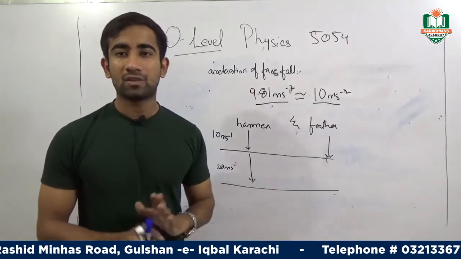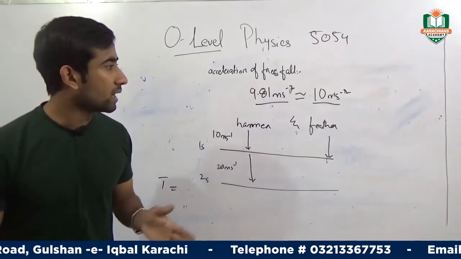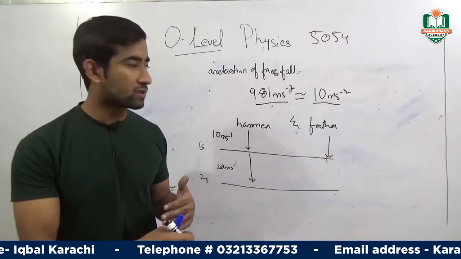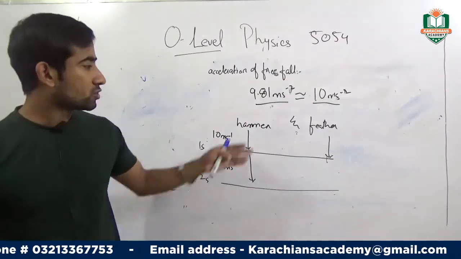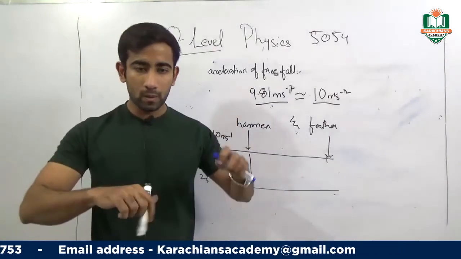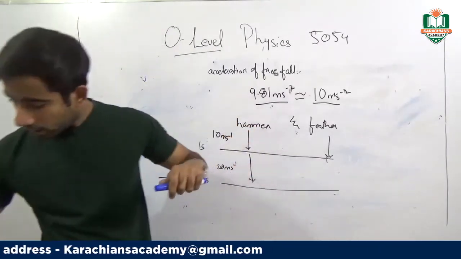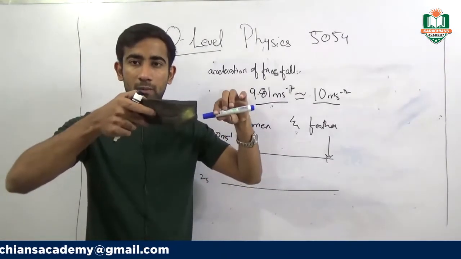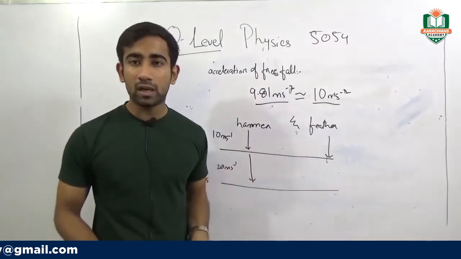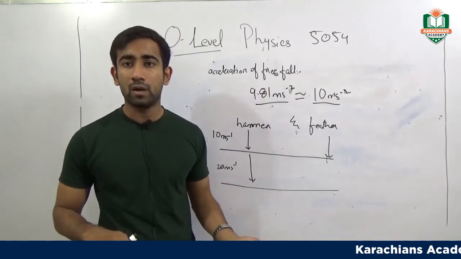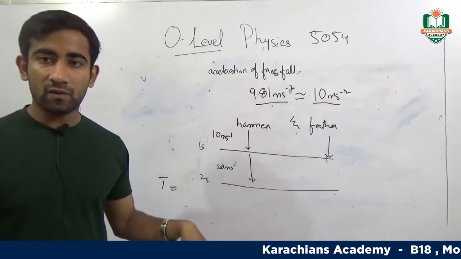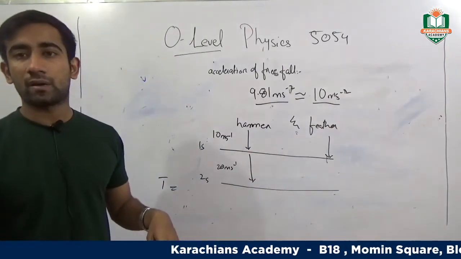But that's not the case. In the real world scenario, we have a lot of other factors influencing these things, and the most important factor is the air resistance. And this usually won't happen when you pick up a hammer and a duster. Let's say I have a duster here and I have a pen here, I am dropping them down, so definitely the duster will fall at a slower rate as compared to the pointer, because the pointer is heavier and the duster is lighter.